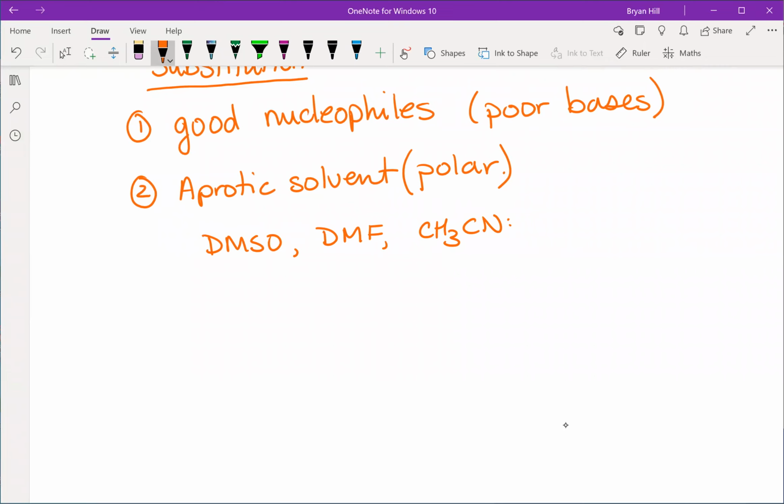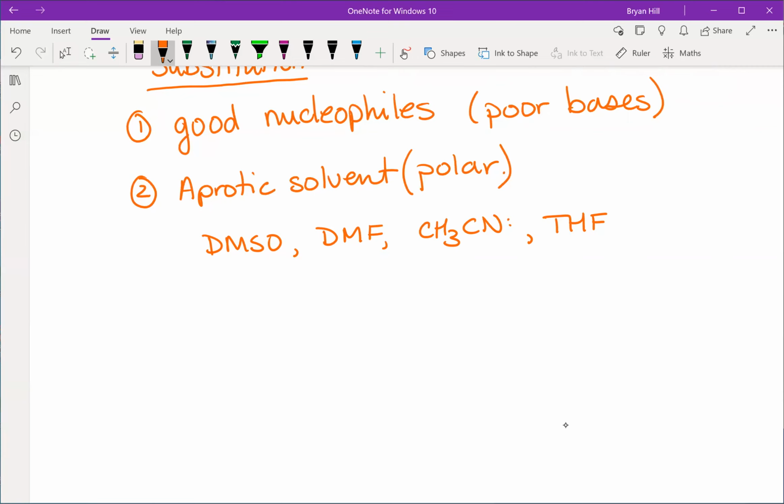It's less polar than the other ones, but it's still an aprotic solvent. These things are all going to promote substitution reactions. And why do they promote substitution reactions compared to polar protic solvents?